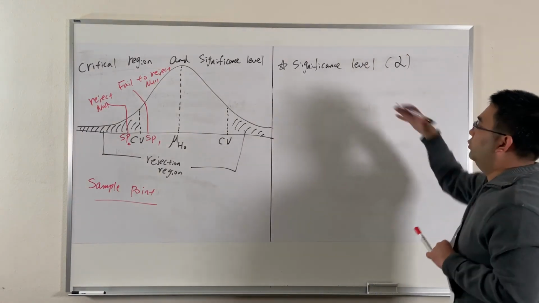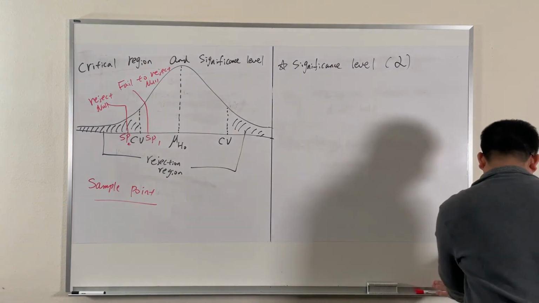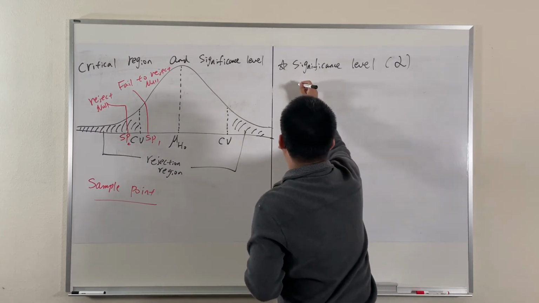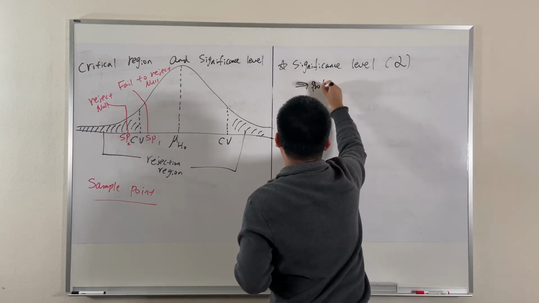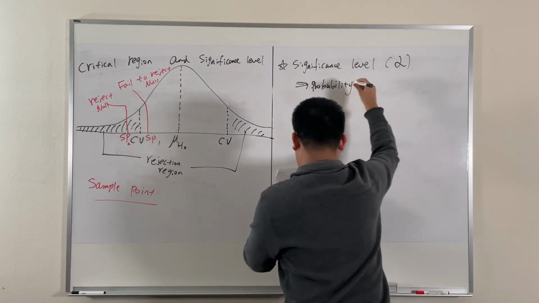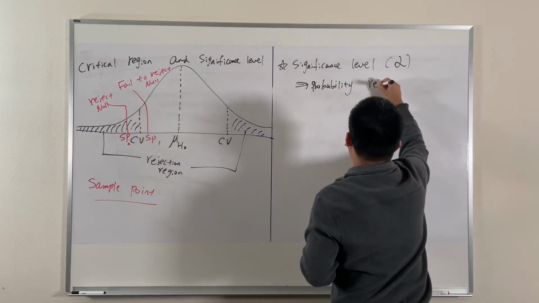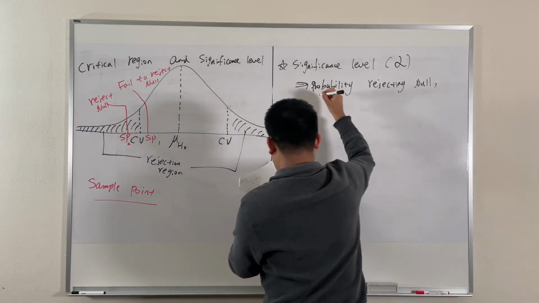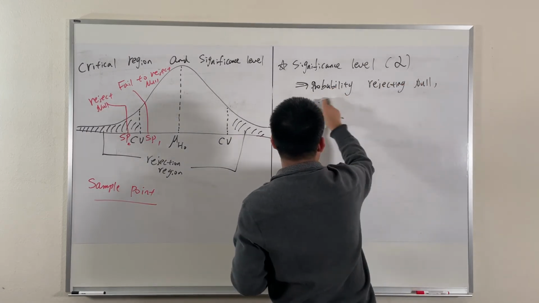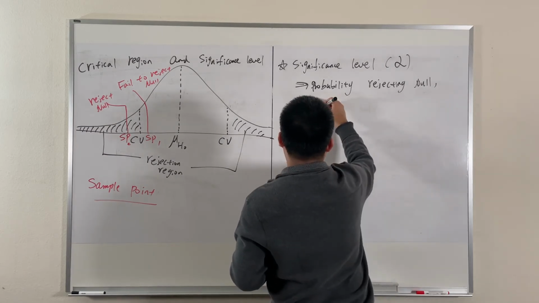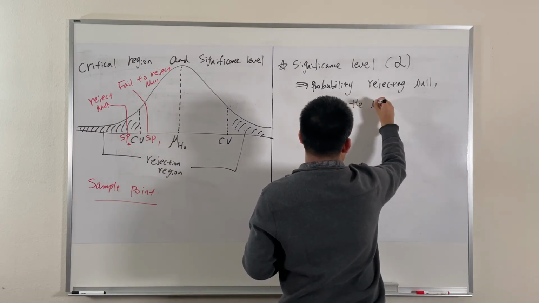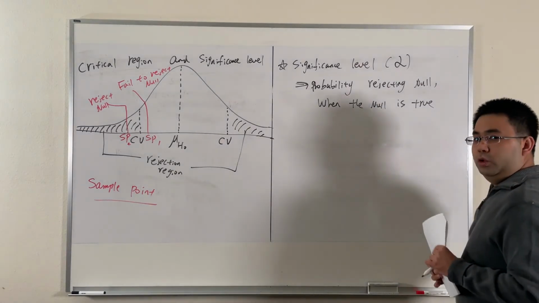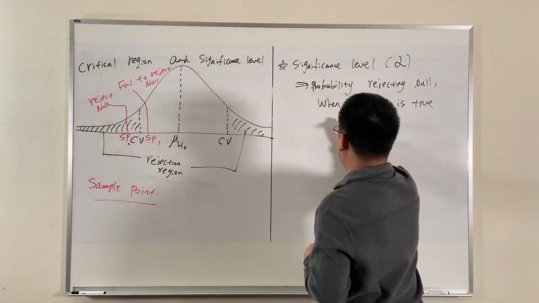So when you see alpha, you know it's significance level. So what's the definition of significance level? The definition is the probability of rejecting the null when the null is true. So you reject the null when the null is true, and this is a mistake.